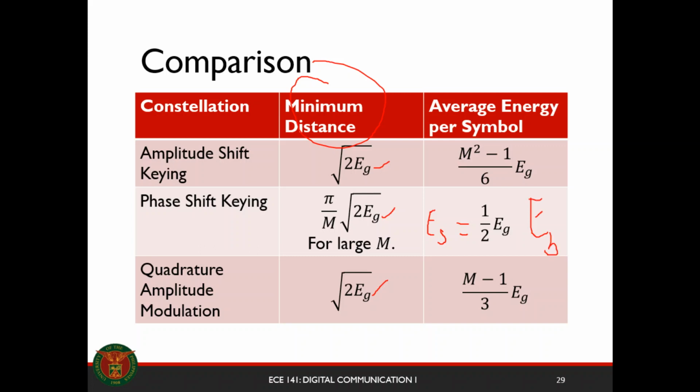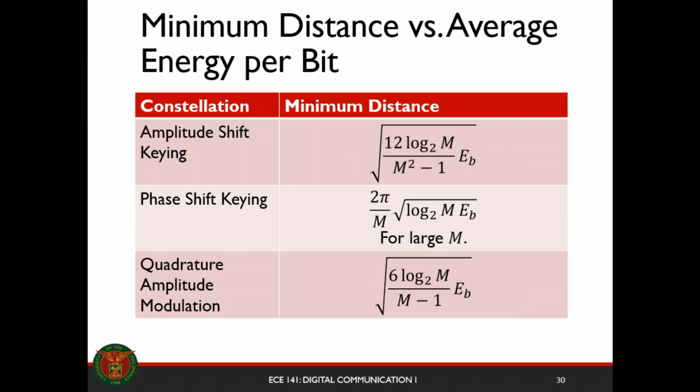So E sub b is equal to, recall, your energy per bit is your energy per symbol divided by the number of bits. Alternatively, your E sub s is just L times E sub b. Okay.